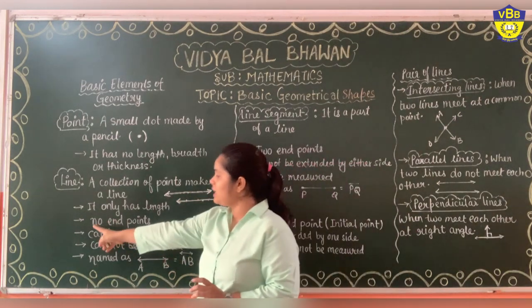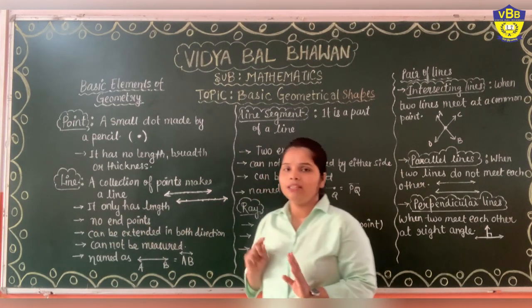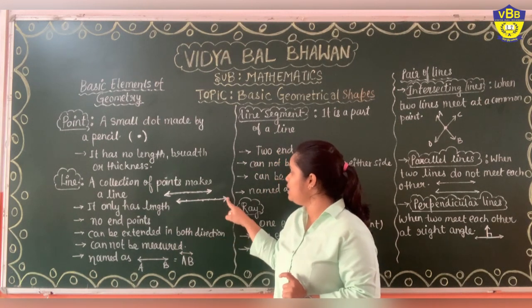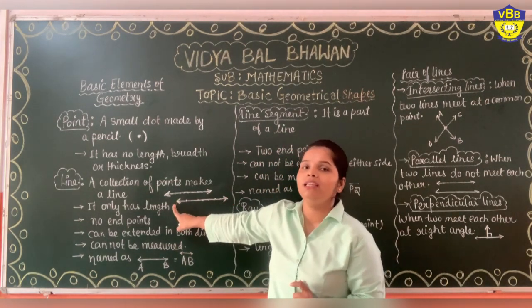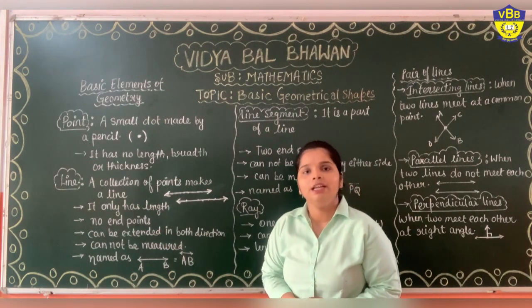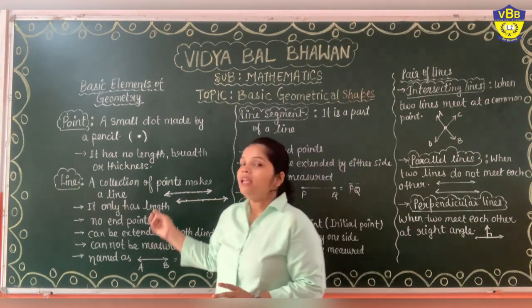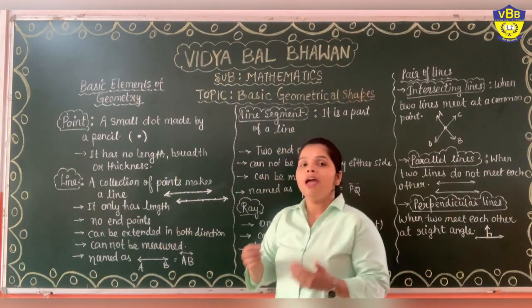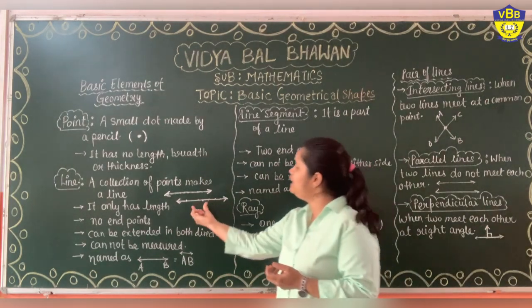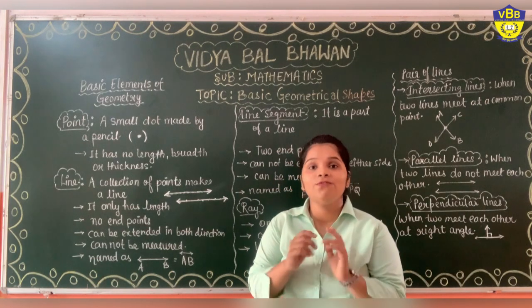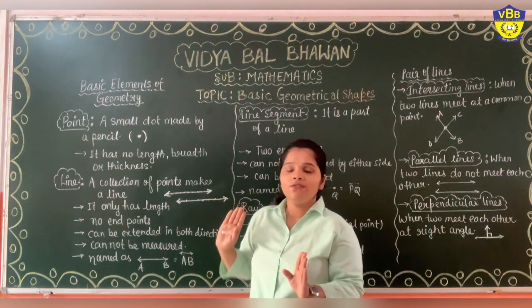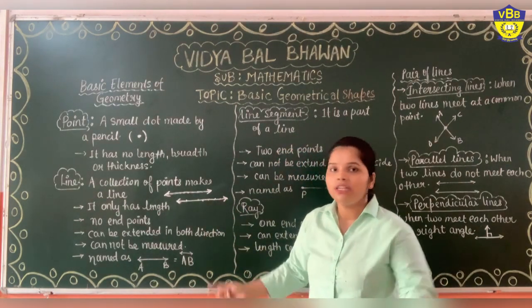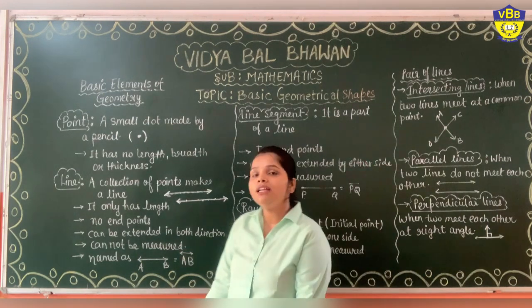So, this is the second point: no endpoints are there in a line. It can be extended in both directions, as shown by the arrows. If it has no endpoint and we can extend it as much as we want, it will not have any fixed length.